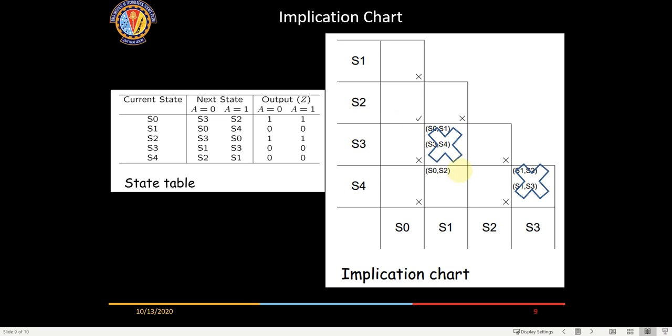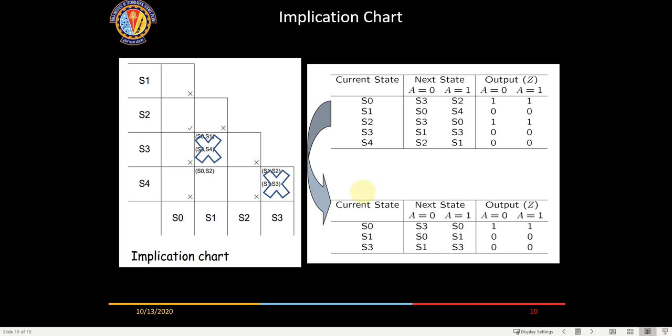So now you can merge S0 and S2, and you can also merge S1 and S4. Two combinations can be made here: one between S0 and S2, and the second between S1 and S4. That is what is done here now.